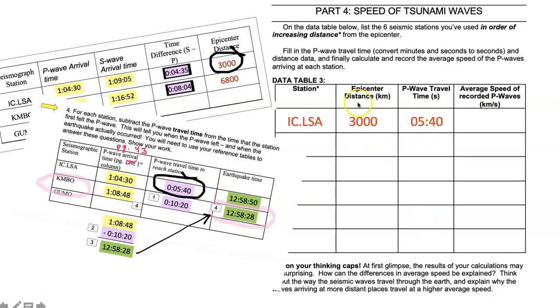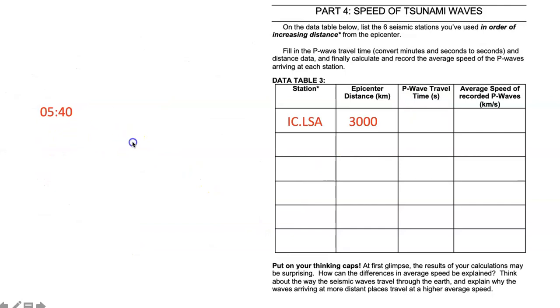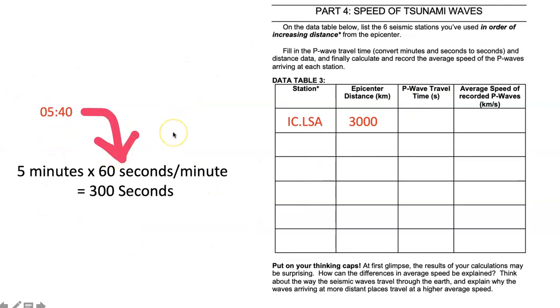So that's where we got that number. These numbers in these 2 columns are things you've already calculated in general. You haven't calculated these for part 2, so you're going to have to look at the time travel curve and figure those out. Now you'll notice it says that it wants the time in seconds. This is minutes and seconds. So we just simply have to take 5 minutes and 40 seconds and turn it into all seconds.